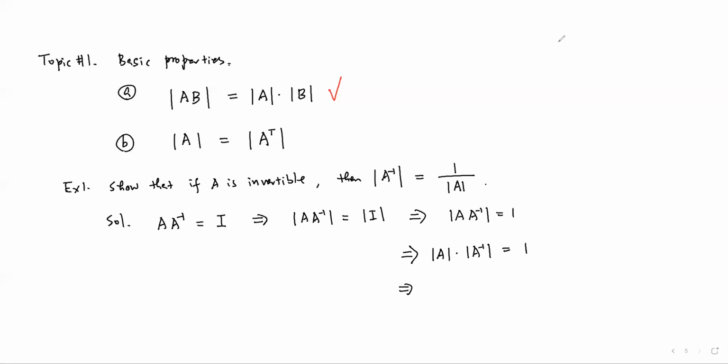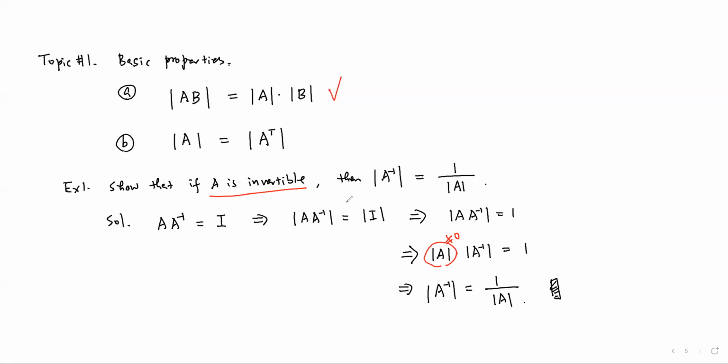A here is invertible, so this number is non-zero. So I can move this non-zero number to the right-hand side. So the determinant of A inverse is equal to 1 over this non-zero number. So done.